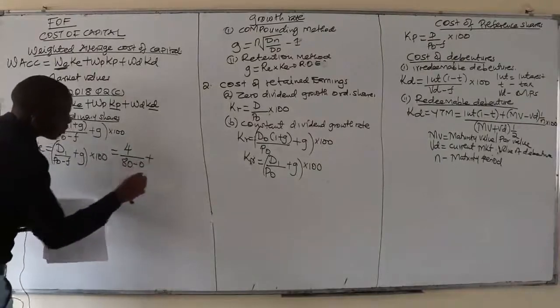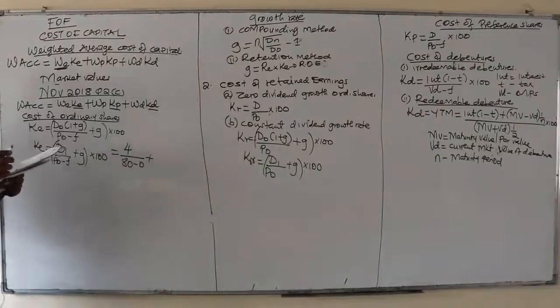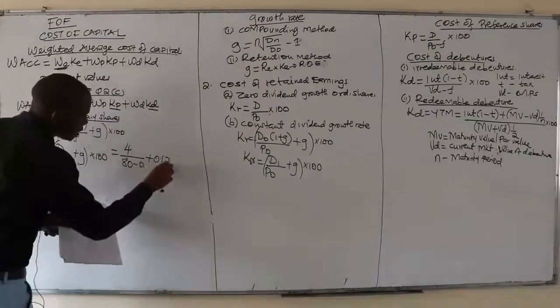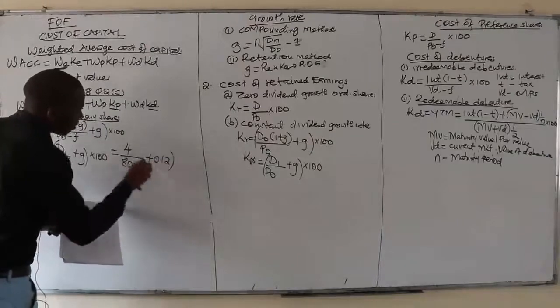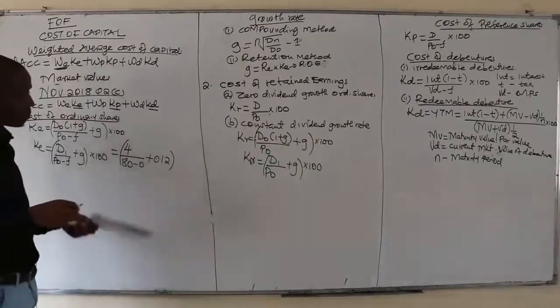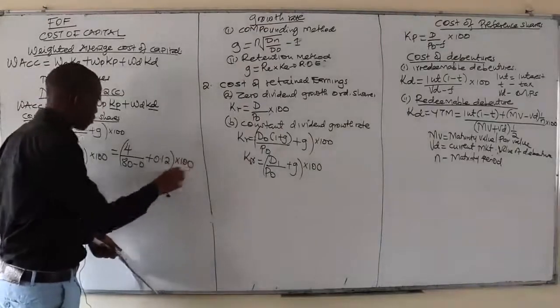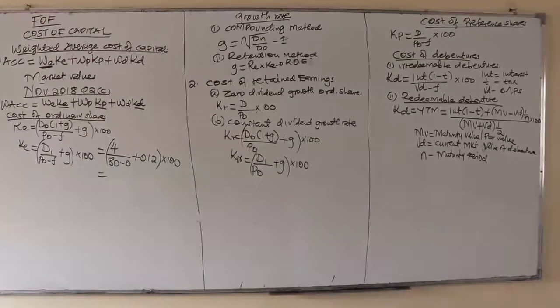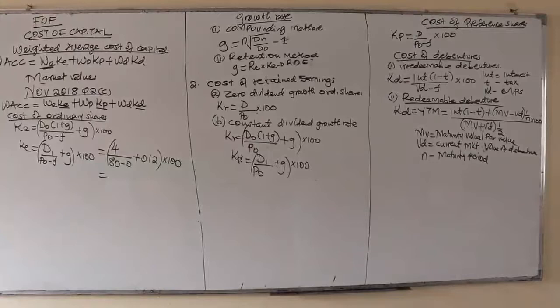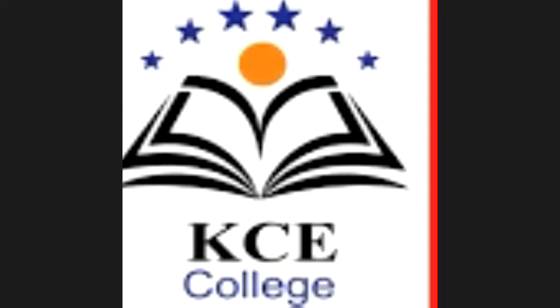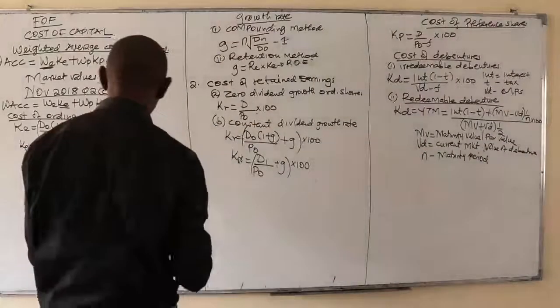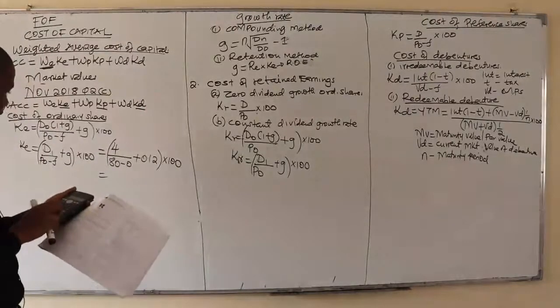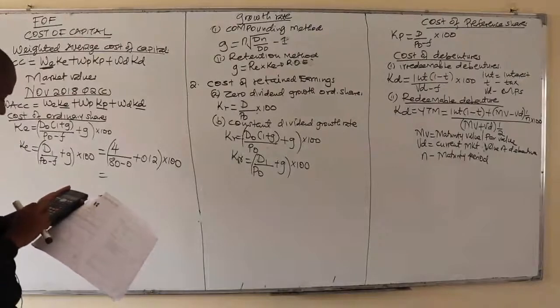We don't have flotation cost, and then we add the growth rate, which in this case is 12%, or 0.12.